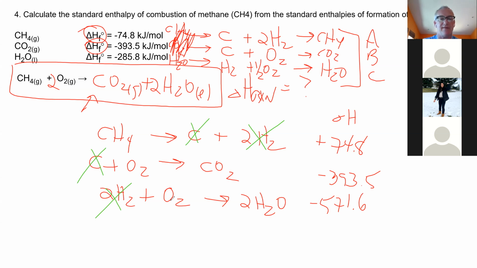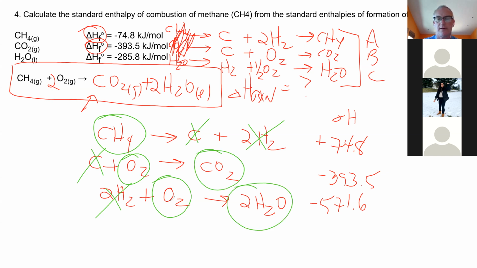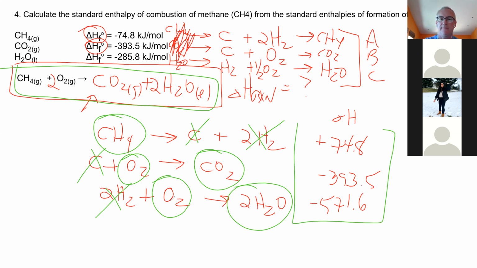So now when we add everything together, I have 1 mole of methane, 1 plus 2 moles of oxygen, and on the product side, I have 1 mole of CO2 and 2 moles of water. And that's our target. That's what we're looking for. So basically, I can just add these together. So when I do that, what do I get?